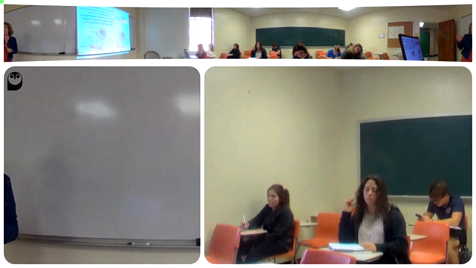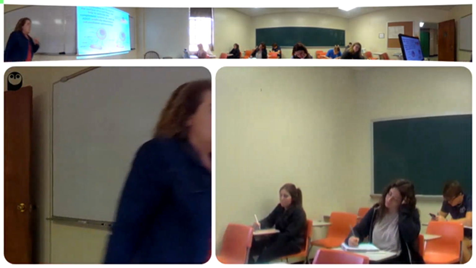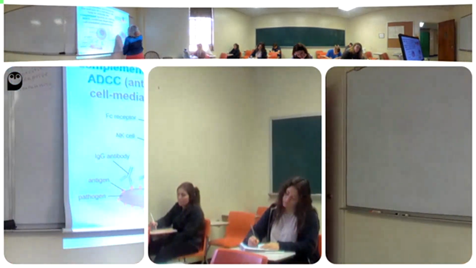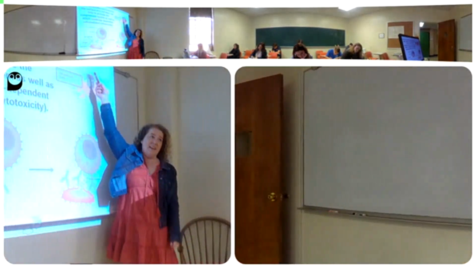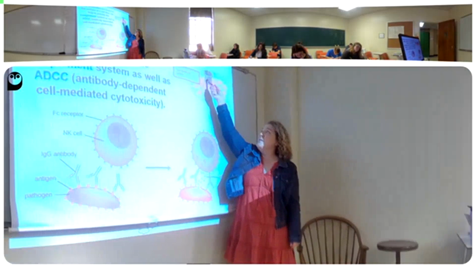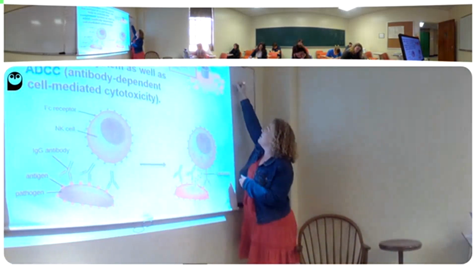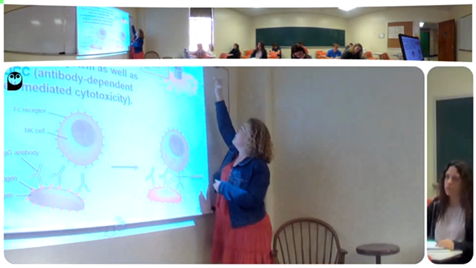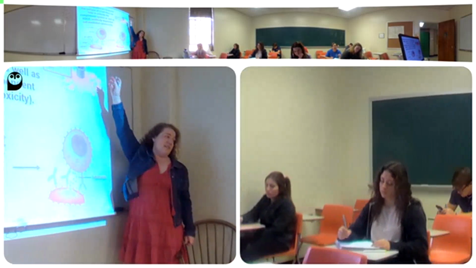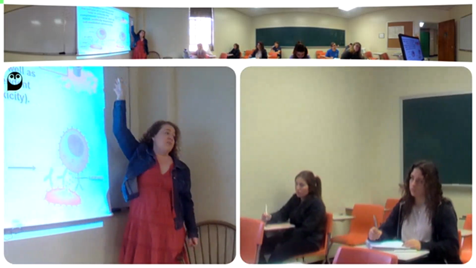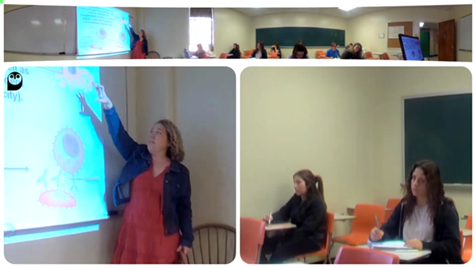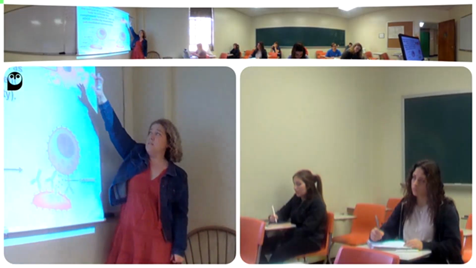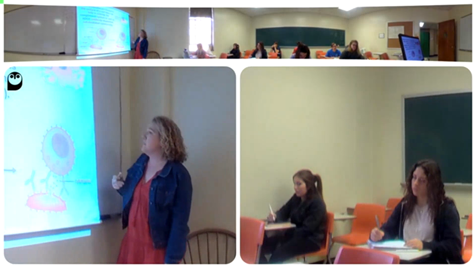So antibodies binding onto the surface of a pathogen will encourage complement cascade activation to more quickly put these membrane attack complexes into a cell and lyse that cell. So complement will work without antibodies, but if antibodies are present, this will work faster and better.